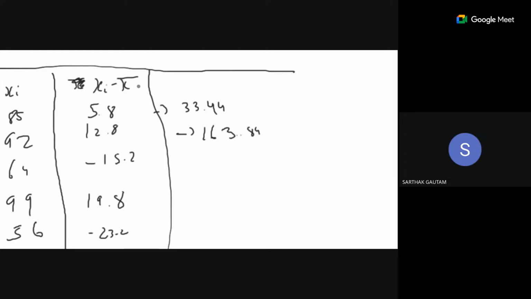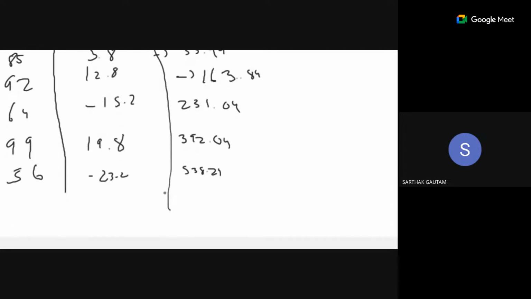We'll square this term, and after squaring we'll have values such as 0.4, 392.04, 538.24, and now we'll add these squares. Whatever we get, I guess it will be around this value.